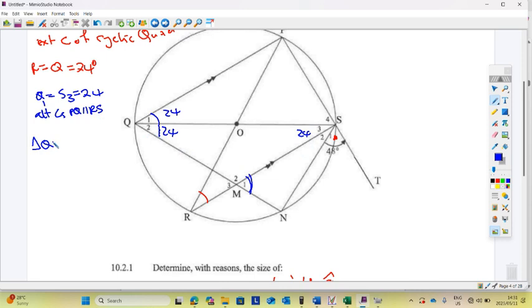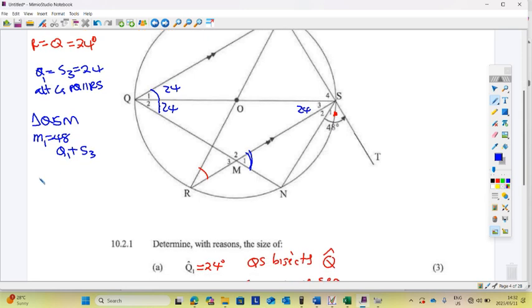triangle QSM. In triangle QSM, this and that, they equal to 48. So in triangle QSM, M1 is equal to 48. That is Q1 plus S3.